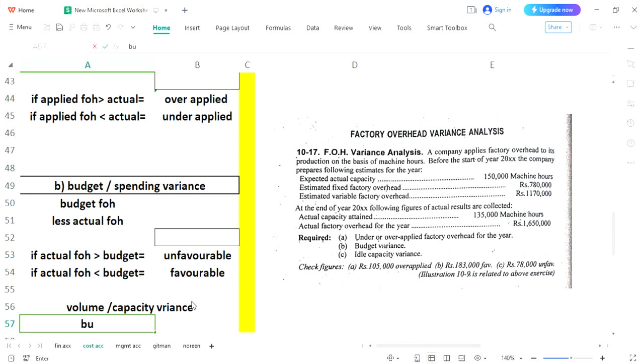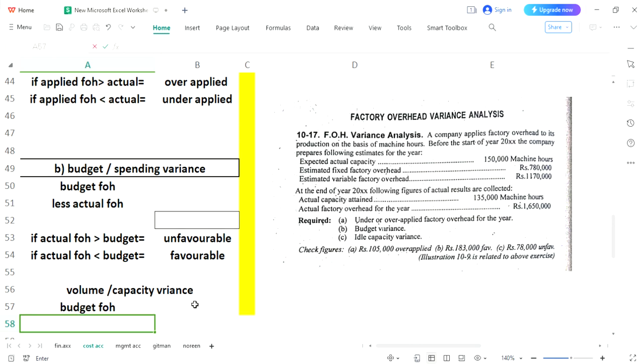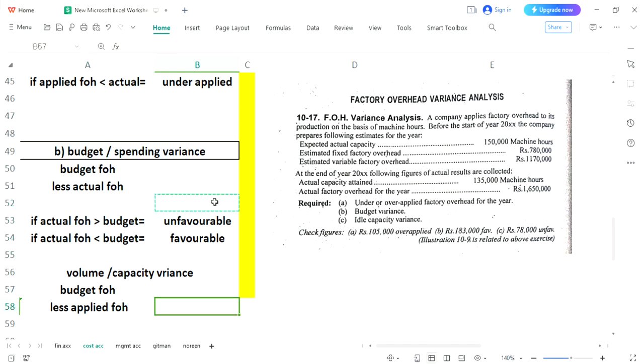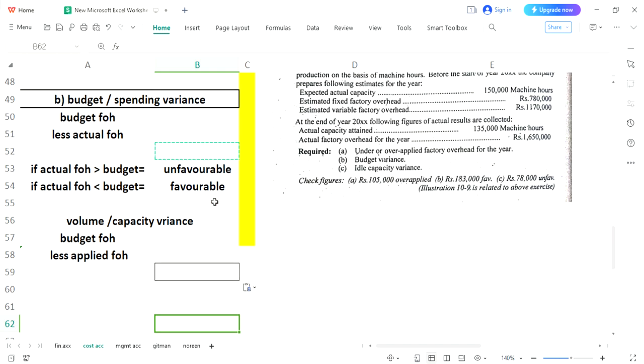It would be a relationship between budget FH and applied FH. And again you will subtract both items and get the amount of difference, which would be called variance.